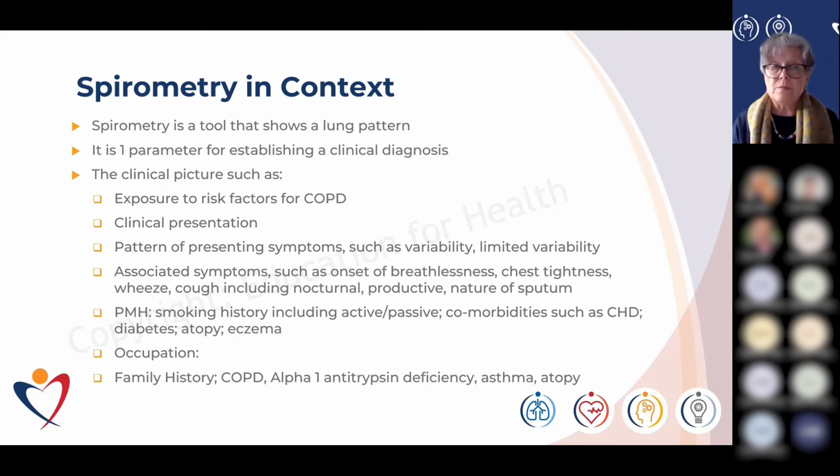You'll also want to explore the past medical history, including their smoking history, because that's relevant to whether you're thinking COPD or cardiovascular. Active or passive smoking is really important. The comorbidities such as CHD and diabetes.